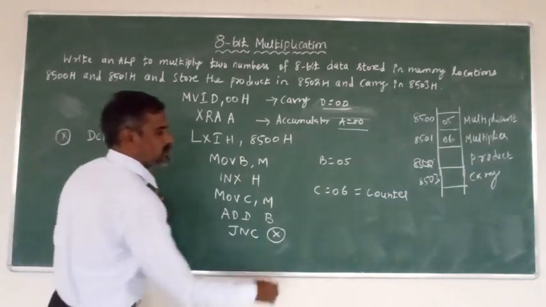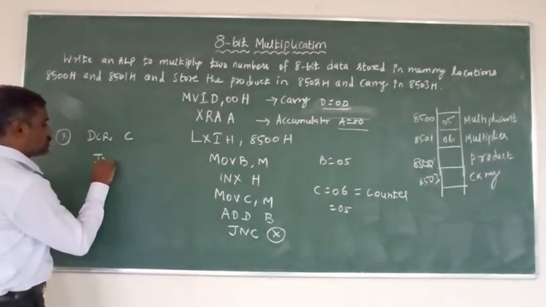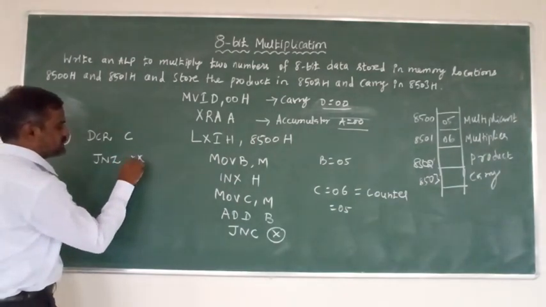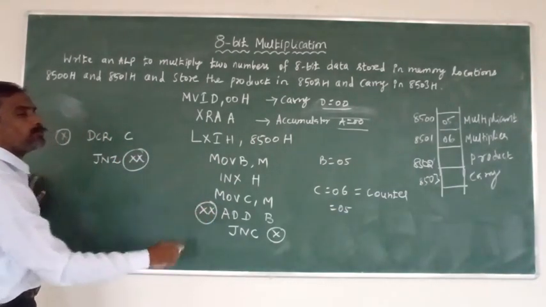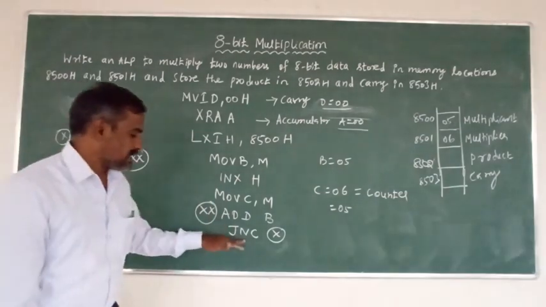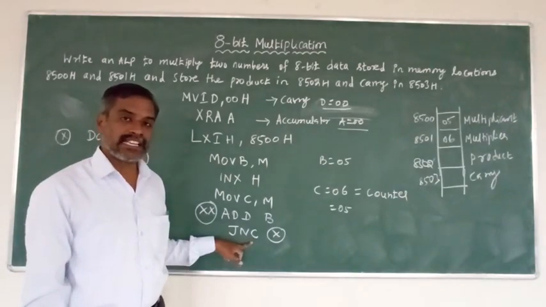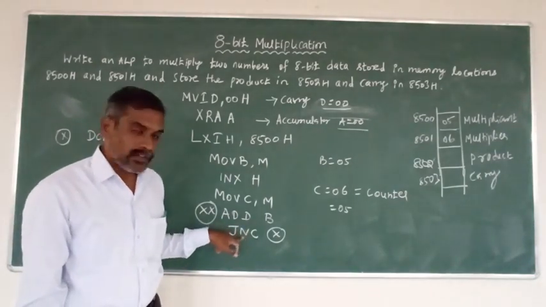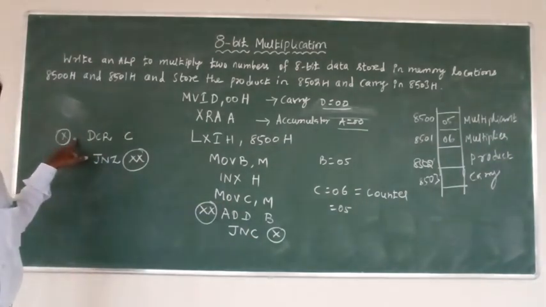Now C equal to 05. Check whether it is 0 or not. Not 0 means jump again to add, the same process. After addition, again check whether the result is carry or not. If no carry, jump to this address location.